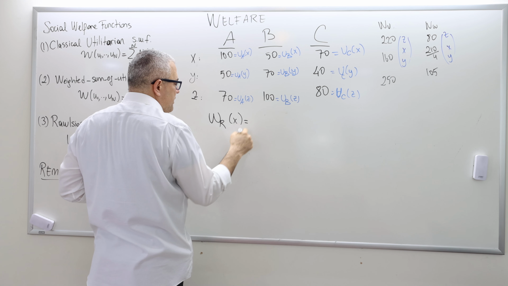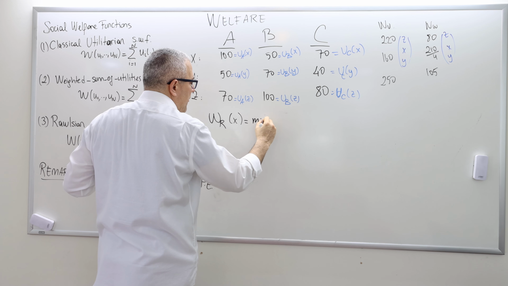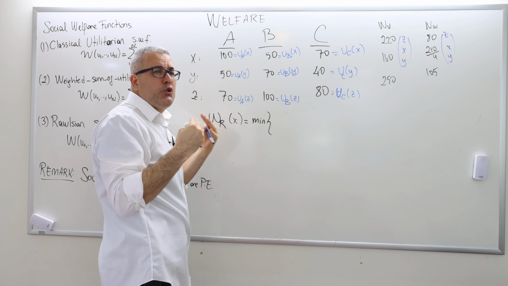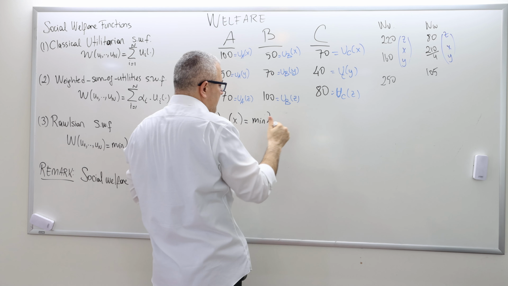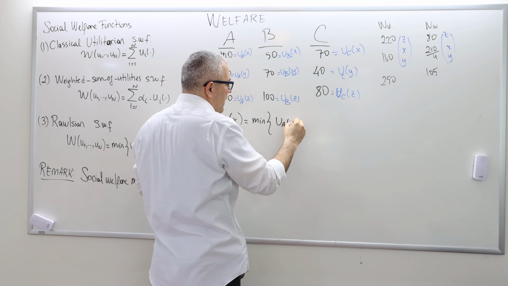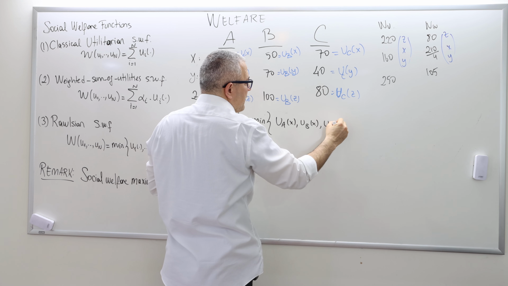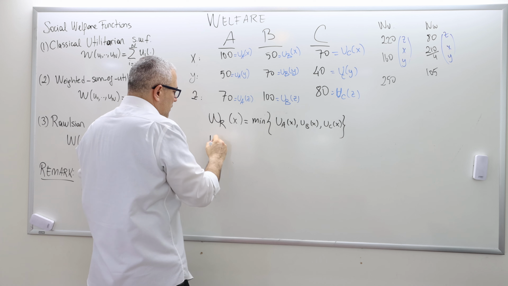So what is the social value for X? Well, it's the minimum utility among those three agents for the alternative X, meaning the minimum of UAX, UBX, and then UCX. Whichever is the min will be the social value.